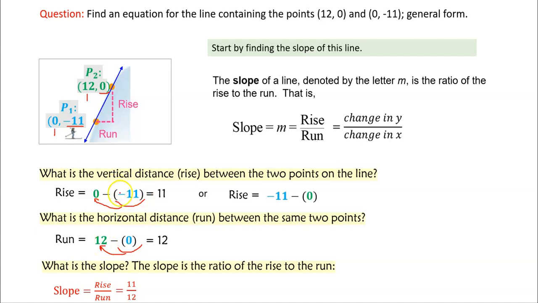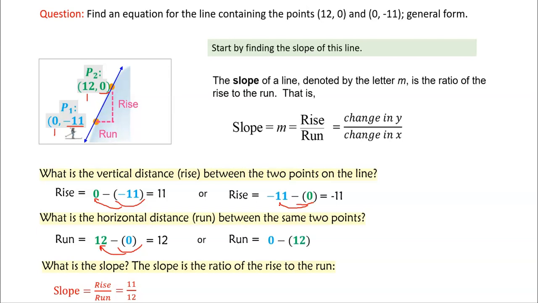Alternatively, we can subtract the y coordinate of the green point from the blue point. So it is -11 minus 0, which is -11.